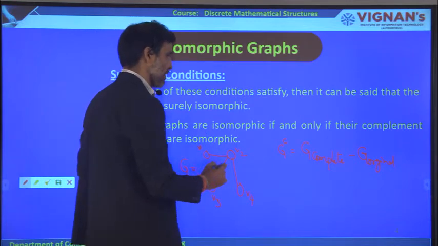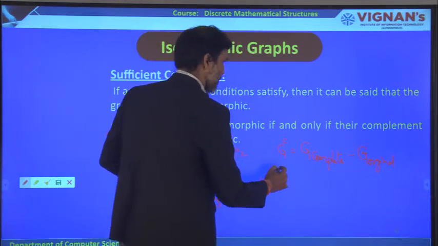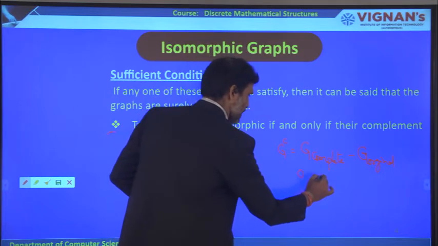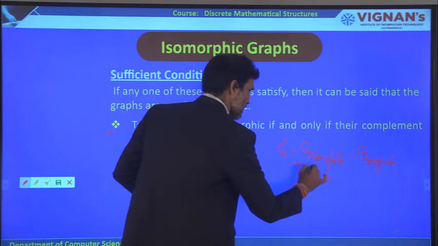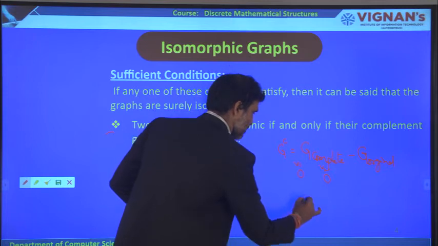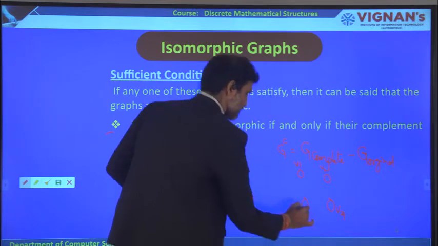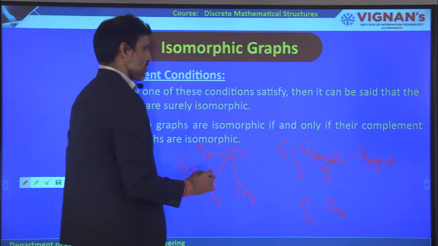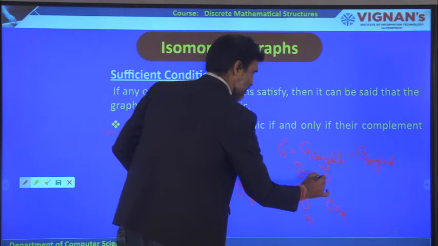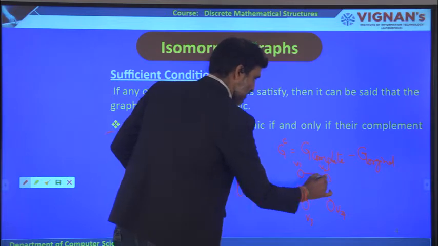How do we take the complete graph here? To get the complete graph, you have to take the vertices. Do not change the vertices. As I said, you have to take the same vertices like this, v4 and this is v3. Initially the graph is given like this. This is the graph which is given to us.